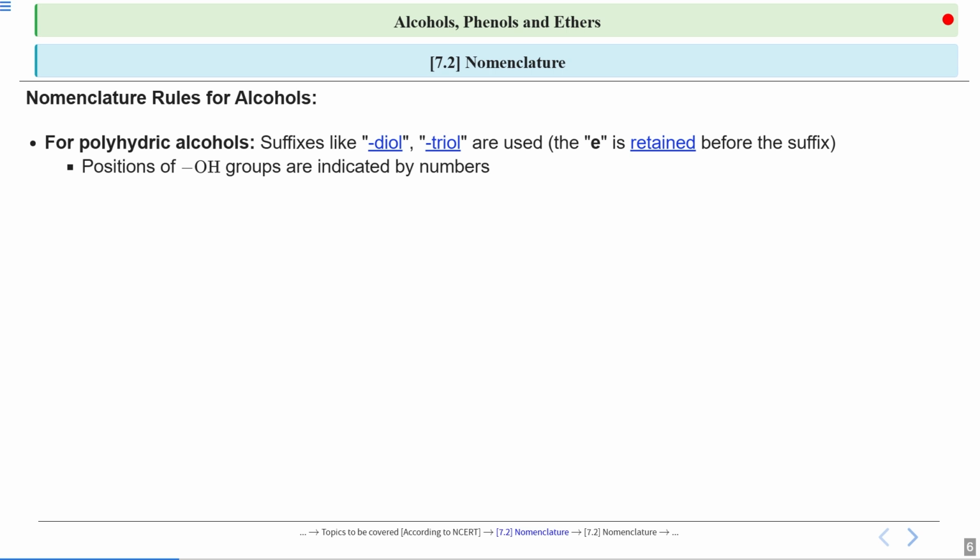The positions of OH groups are indicated by numbers. As I said, in the polyhydric alcohols we have more than one OH group, and the carbon which is attached to the OH group is given a number. So the positions of OH groups are indicated by the numbering done in the parent chain.